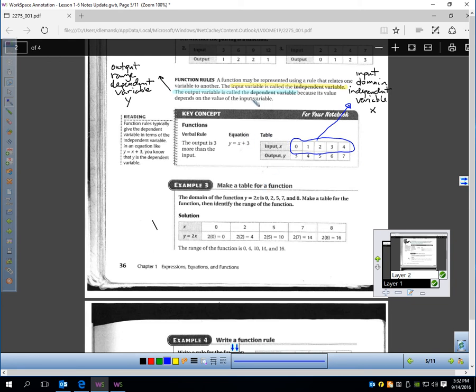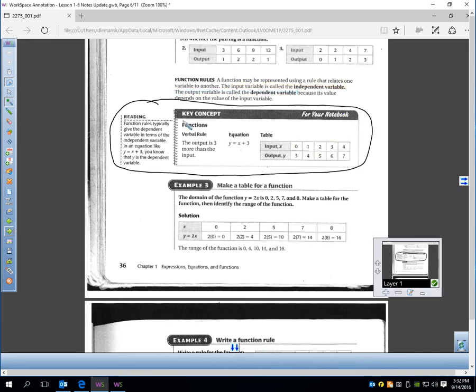That's why these values are called the dependent variable. Let me quickly circle those. Here are my dependent variable numbers. So output, range, dependent variable, and y all tell us the same thing. I'm going to get to this more in a minute, at the end of the video. We'll talk about this more.